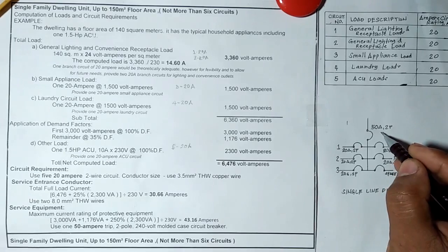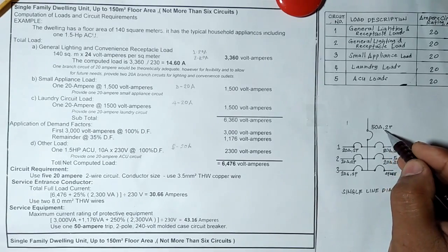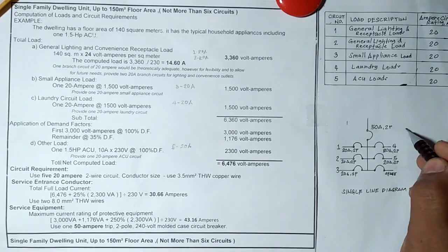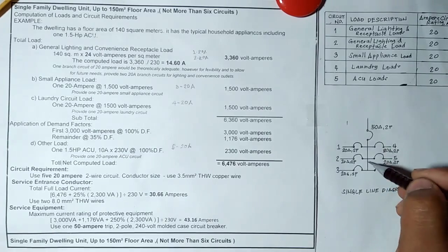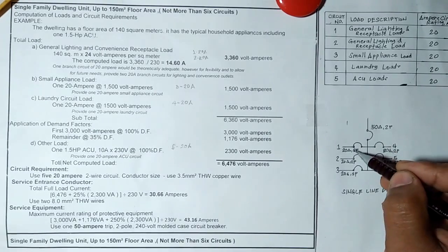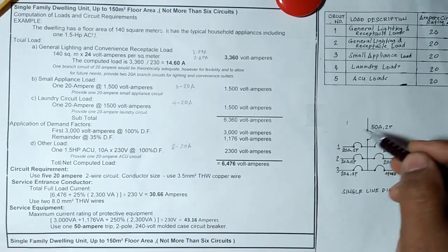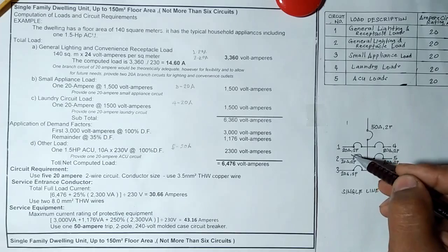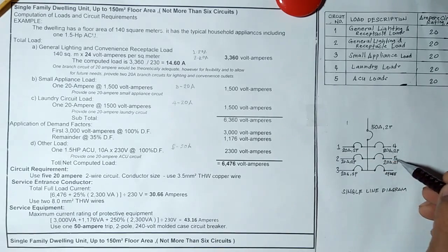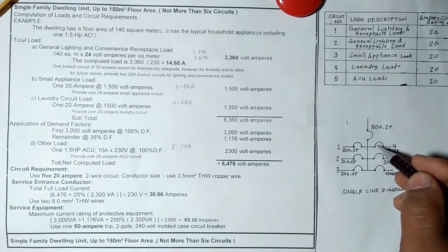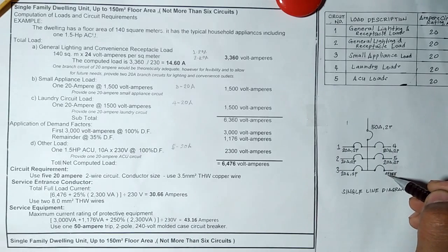So this is the disconnecting means, 50 ampere 2-pole circuit breaker. And then under it on the load side we have the 5 branch circuits. So 5 20 ampere branch circuits. So 1 2 3 4 5. Then we have one spare if we have some future expansions.